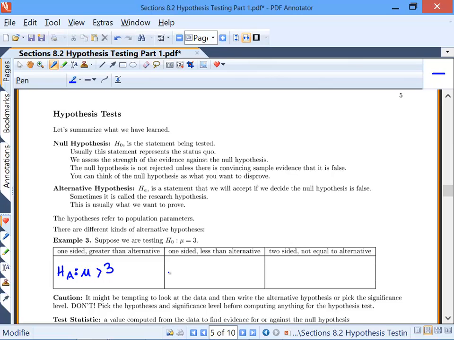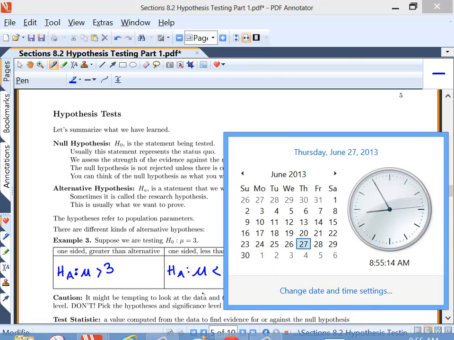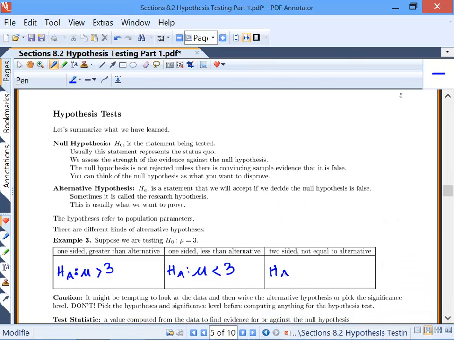Or you might be interested in whether your population mean is less than 3. Or you might just want to know, is my population mean different from 3? Any one of those could be viable alternatives, and it all depends on what you're interested in.